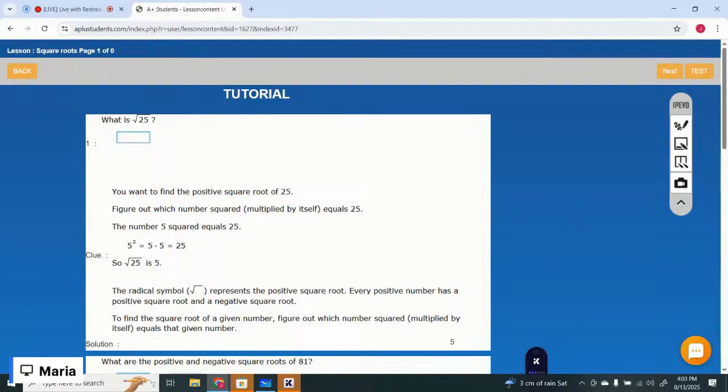What is square root 25? So square root means you need to find out the number that is multiplied by itself equals 25, right? So which number multiplied by itself equals 25?